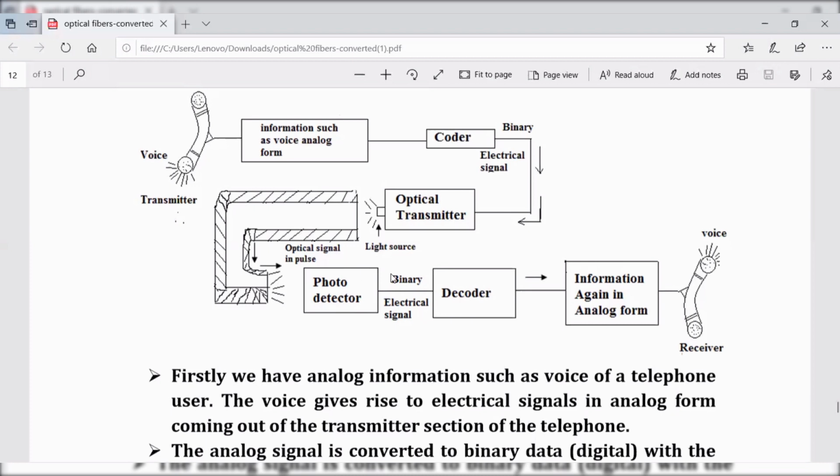This binary information is fed to an electronic system called a decoder, which converts this digital information back into the analog form, nothing but the same voice of a telephone user at the receiving end.